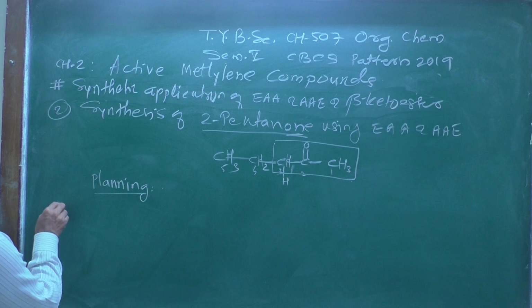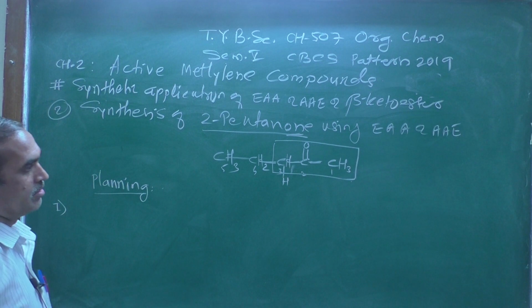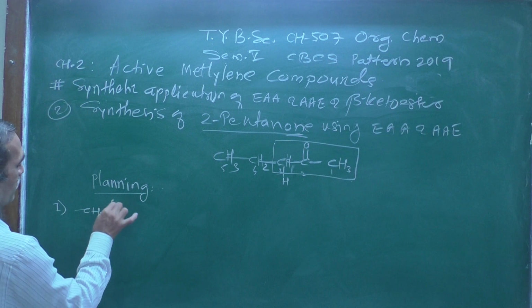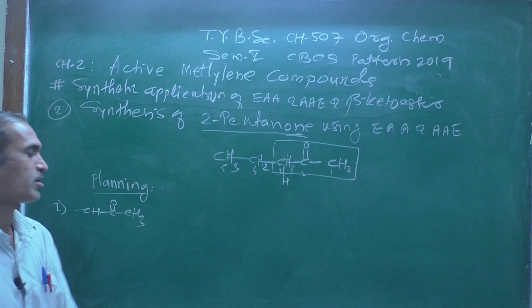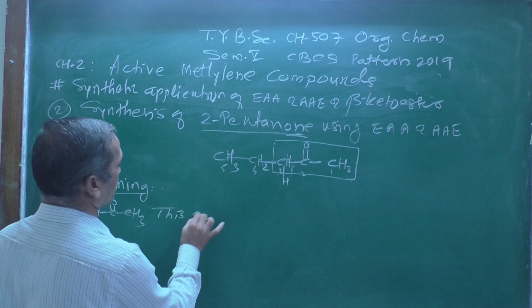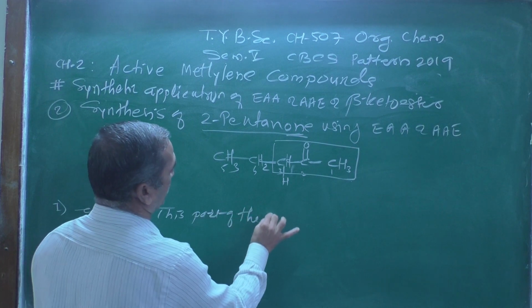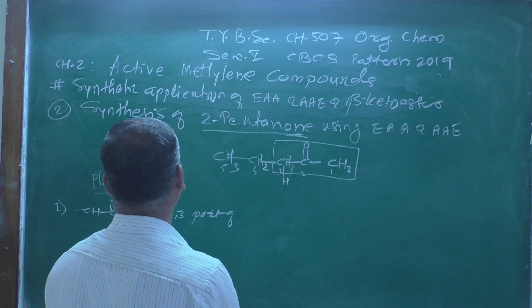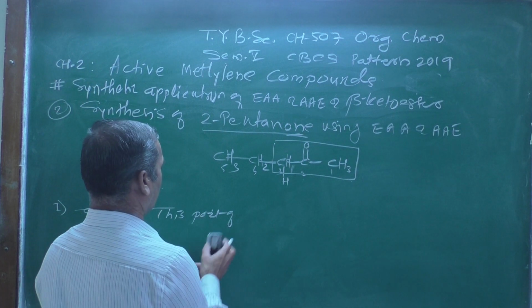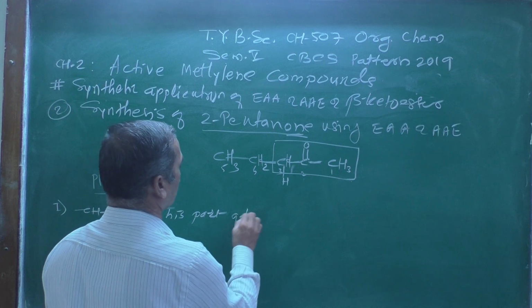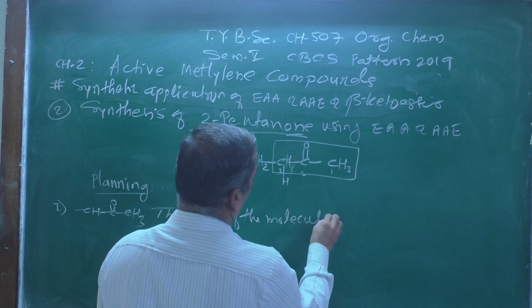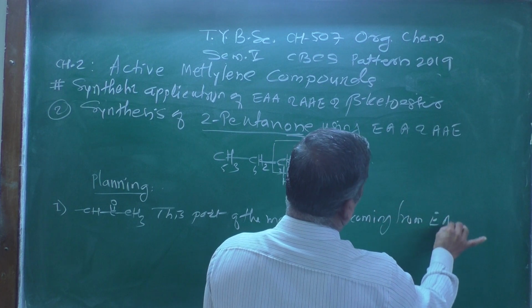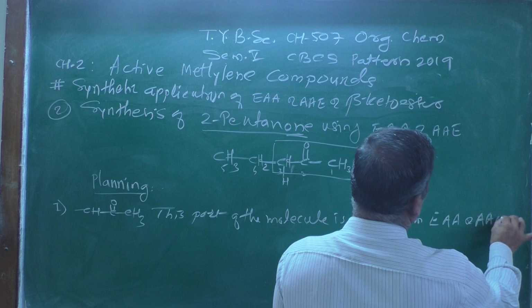In the first point, you can say this part of the molecule or the compound is coming from ethyl acetoacetate or acetoacetic ester.